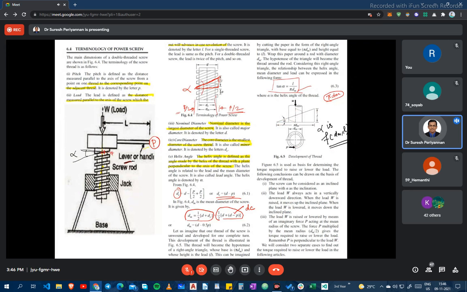What is the torque in this case? How can I measure the torque? Someone tell me.